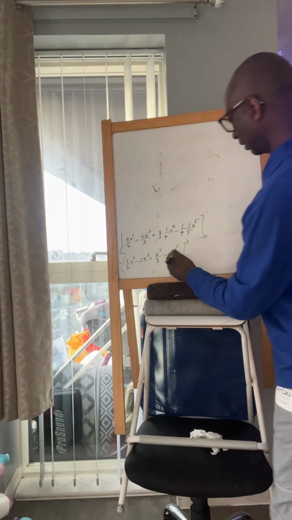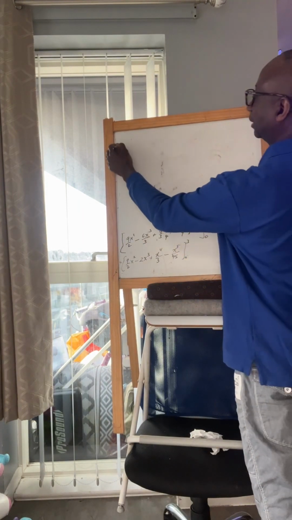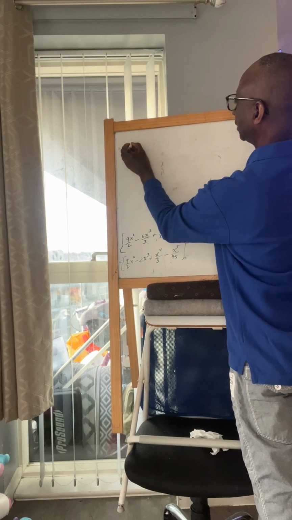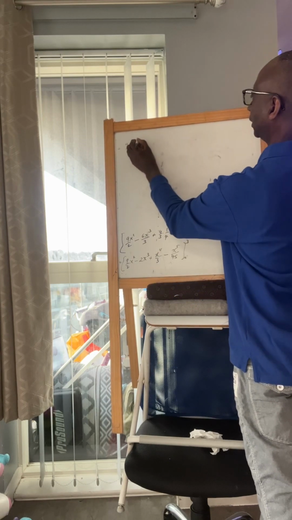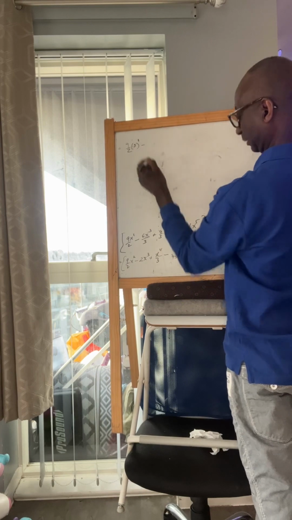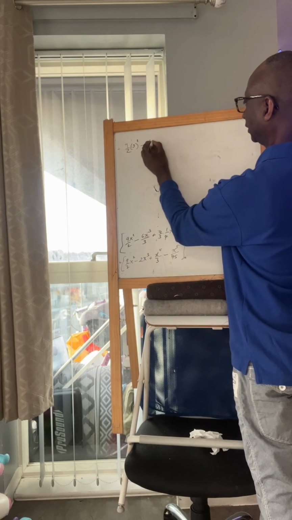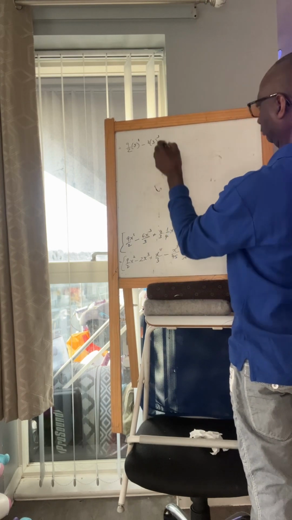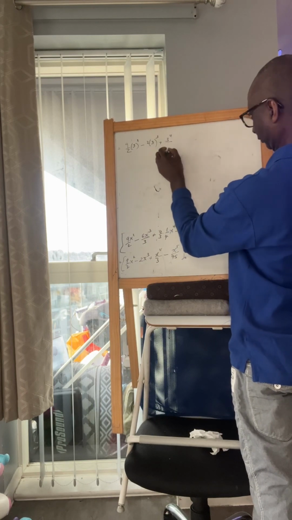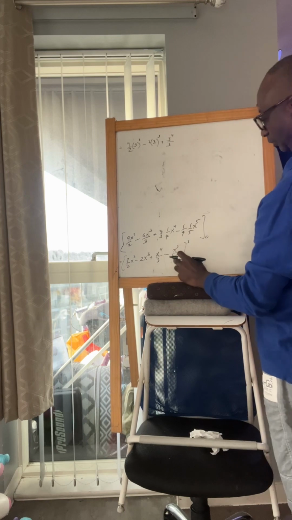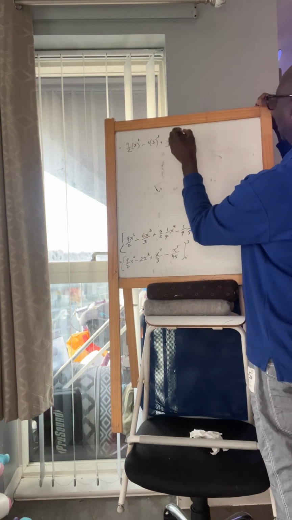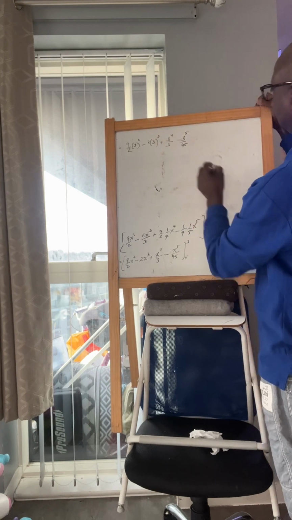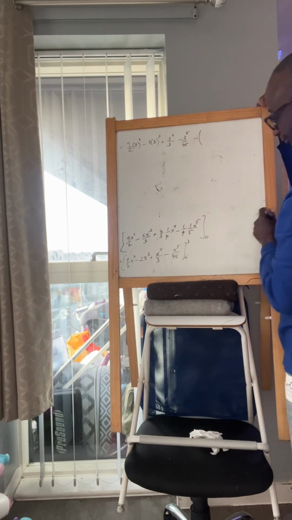So now we put 3 in the place of x. So you have here 9 all over 2, wherever you see x, you put 3 raised to the power of 2 here, minus 2 times 3 cubed, plus 3 raised to the 4 over 3, minus 3 raised to the 5 over 45, now minus 0.